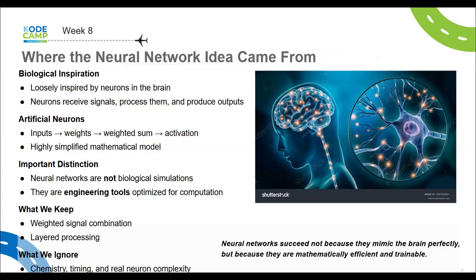And these neurons receive signals, they process them, and they produce outputs. So when researchers looked at that, the idea came: let's see if we can model this and implement it in a computer. Because if we could model the human brain, then we can achieve intelligence, just like in the human brain. And that's how the whole thing came up.